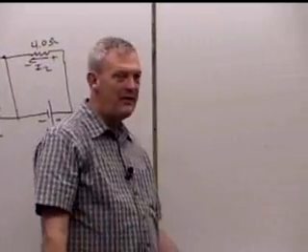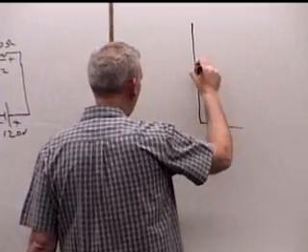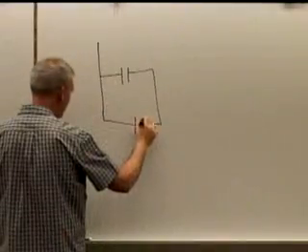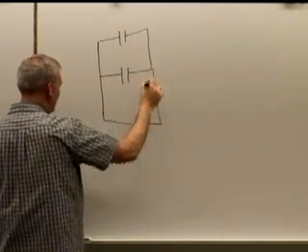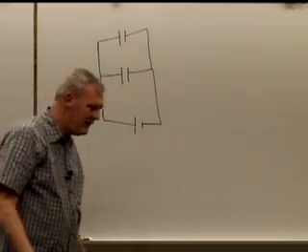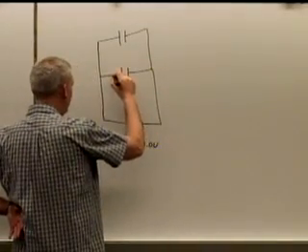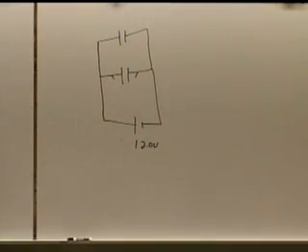Now, when we put things in parallel, here's the key to this whole thing. Capacitor voltage. All right. When things are in parallel, if this is 12 volts, what's the potential here on that capacitor?